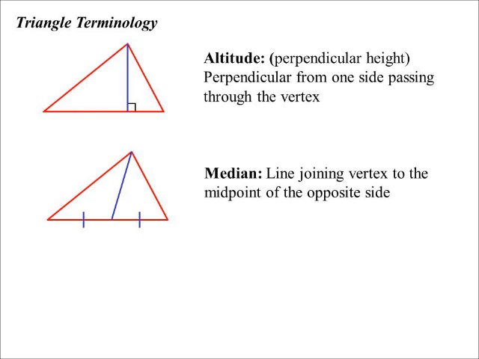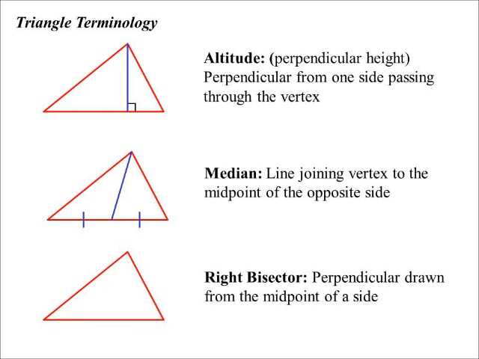So that's a median of a triangle. And then the right bisector also goes through the midpoint, but it's at right angles, which means it might not go through the vertex on the opposite side, because it's got to be at right angles to the edge. So there are 3 types of lines in a triangle. You might see those words.